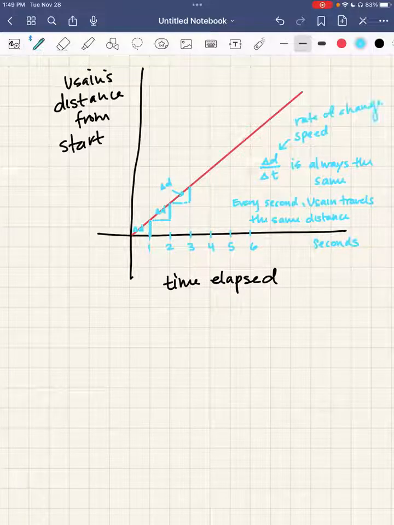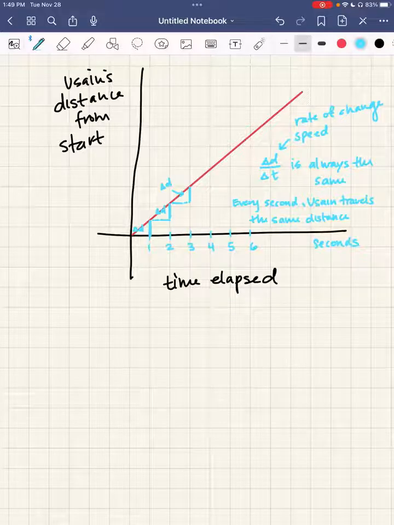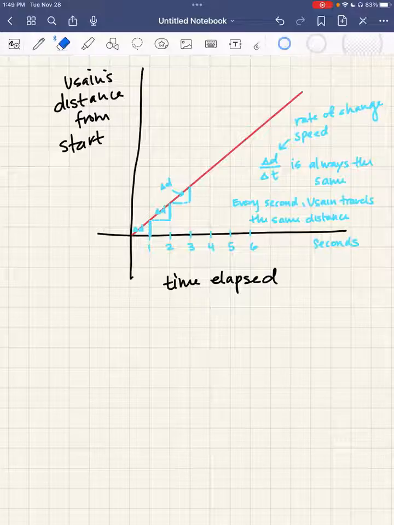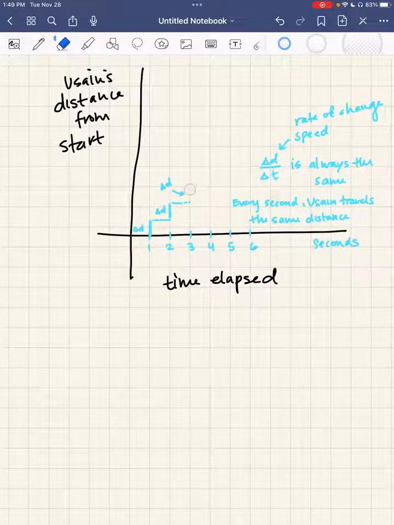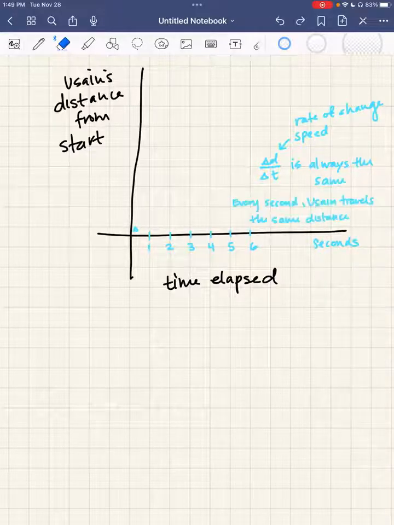So we know he has to be starting from a speed of 0, and in layman's terms, he's speeding up. So as time is increasing, at least for the first part of the race, Usain's speed is increasing. If his speed is increasing, then we wouldn't say that this is always the same.